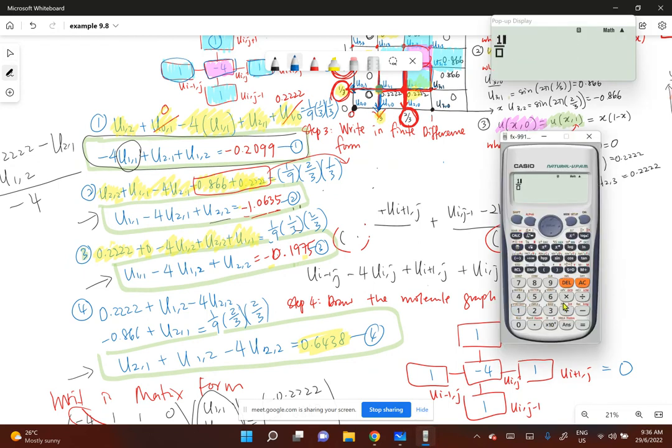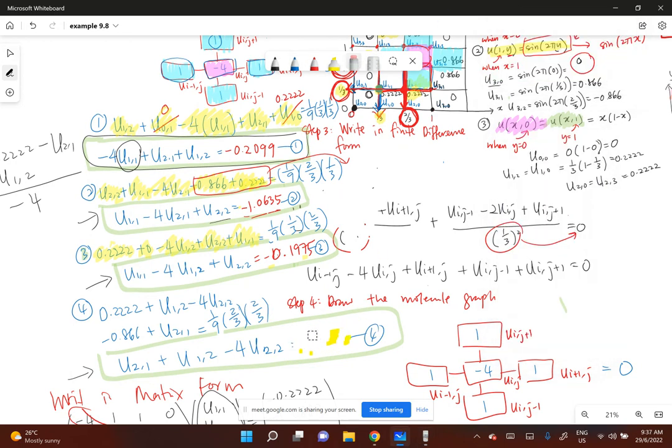So 1 times 2 times 2, and at the bottom that is 9 times 3 times 3. Okay, and then plus 0.6438. So now we get 0.6932. So the new value is 0.6932.